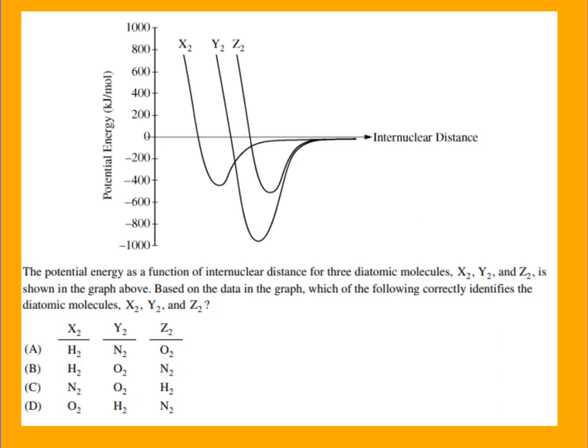You're trying to figure out which one represents H2, O2, and N2. So those are our 3 substances. So figure out which one corresponds to X, which one corresponds to Y, and which one corresponds to Z. The first one that I would look at is the one that's the furthest down.